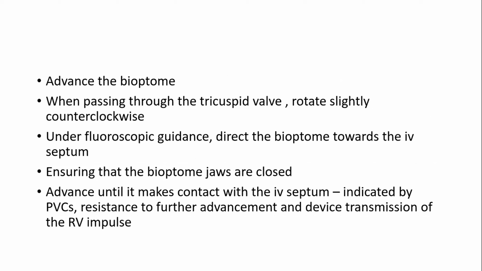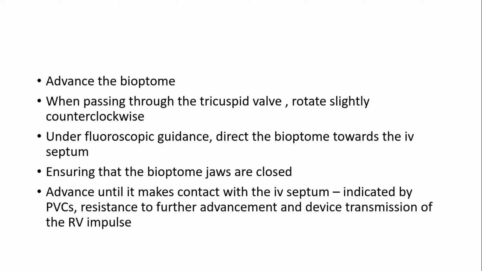So after access has been gained into the right side of the heart, the bioptome is advanced into the heart. The bioptome is advanced past the right atrium, and then while passing the tricuspid valve, it should be rotated slightly counterclockwise. This enables it to pass more easily into the right ventricle.